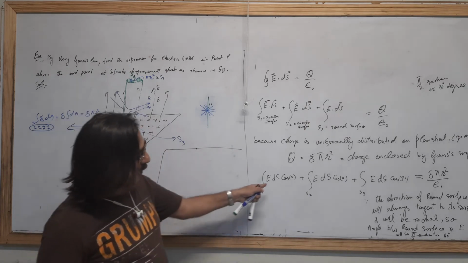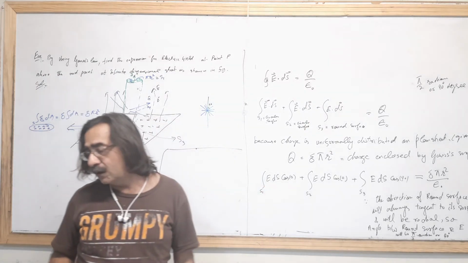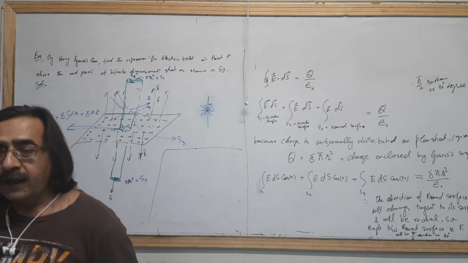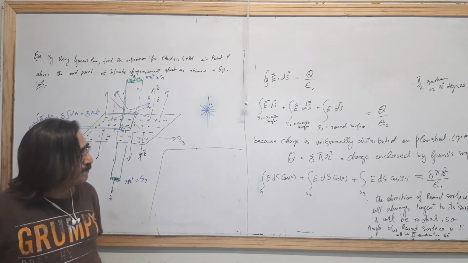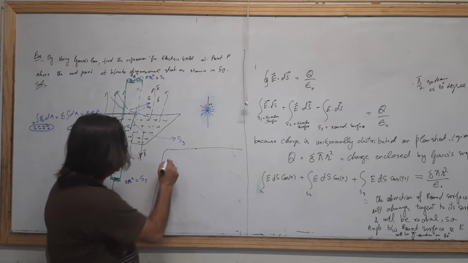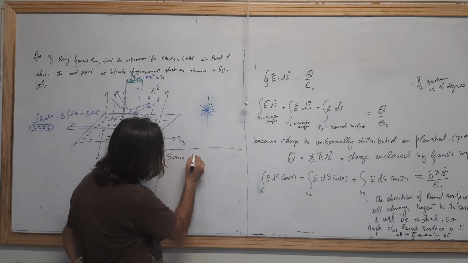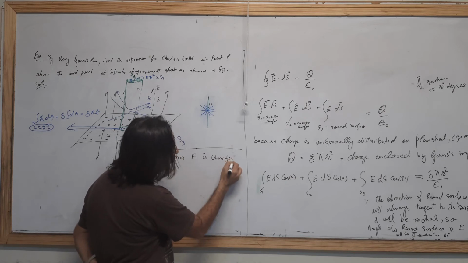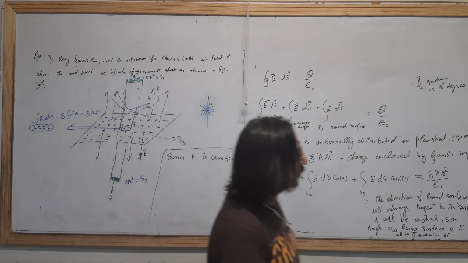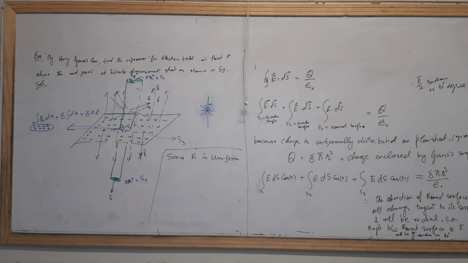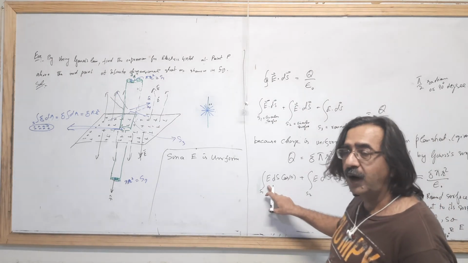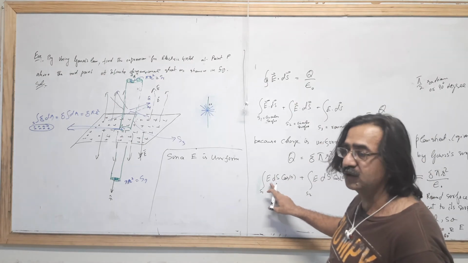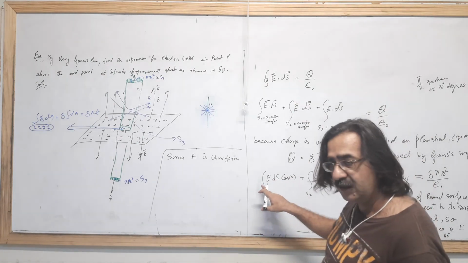Since cos 0 is 1, and since E is uniform, please, E is uniform, so integration will not be applied on it.